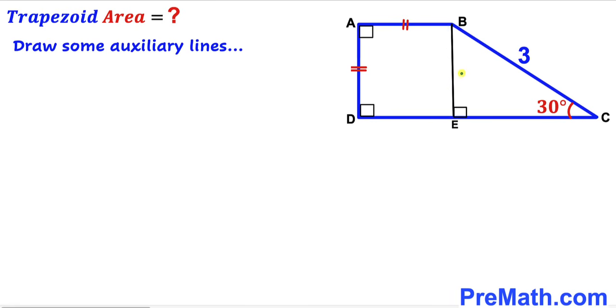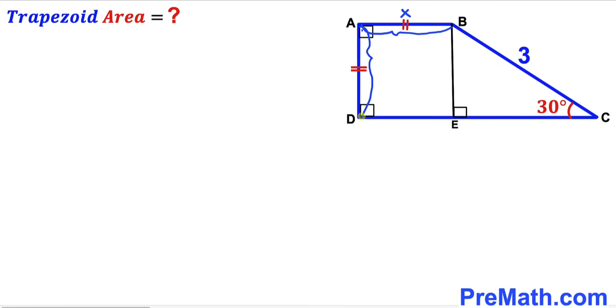As you can see in this next step, I have dropped this perpendicular BE on this side CD. Now I am going to label the side lengths. I'm going to label this side AB as lowercase x, since AB and AD are equal in length, this side length is going to be x as well.